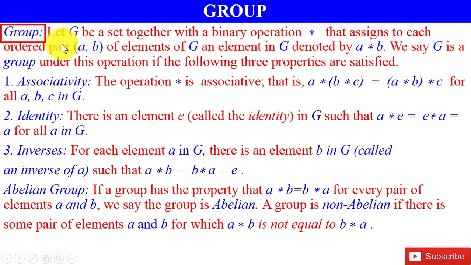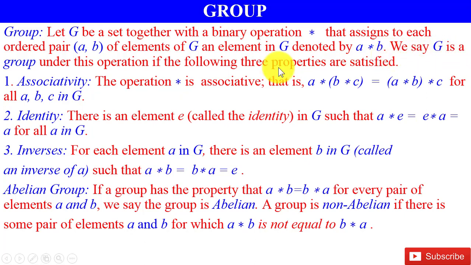Group: let G be a set together with a binary operation star that assigns to each ordered pair (a, b) of elements of G an element in G denoted by a star b.